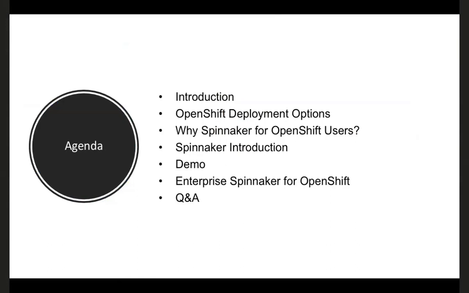And then we'll talk about how things are done today, some of the drawbacks and challenges there, and how Spinnaker could be something you could use to not only do deployments, but to do full continuous delivery with OpenShift across other hybrid cloud or public cloud environments you have, maybe AWS, native Kubernetes or GCP, etc.